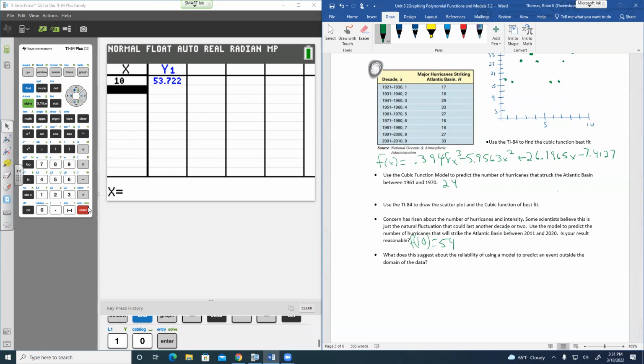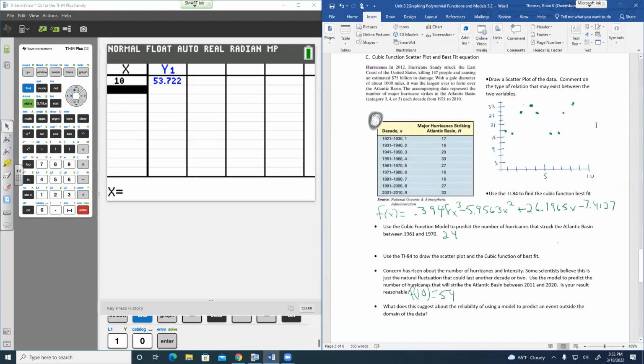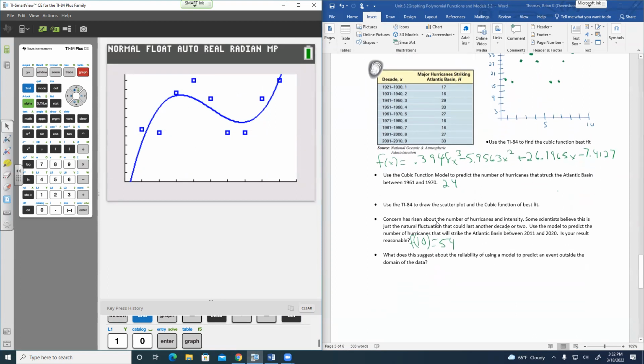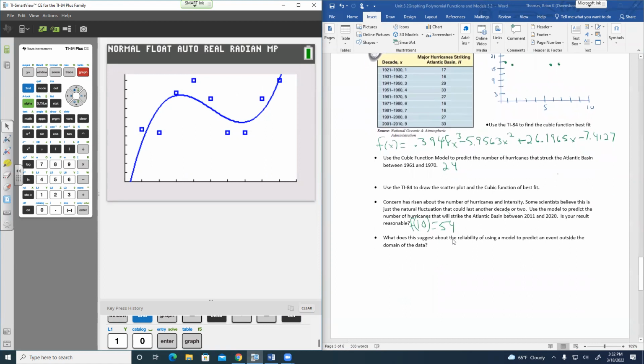So based on that, if you look at your data, it does look like it's on this upper trend right now. How far that upper trend goes, I don't know, but looking at our graph again, where x is 10, it is kind of peaking up here rather quickly. So what does this suggest about the reliability of using a model to predict an event outside the domain data?